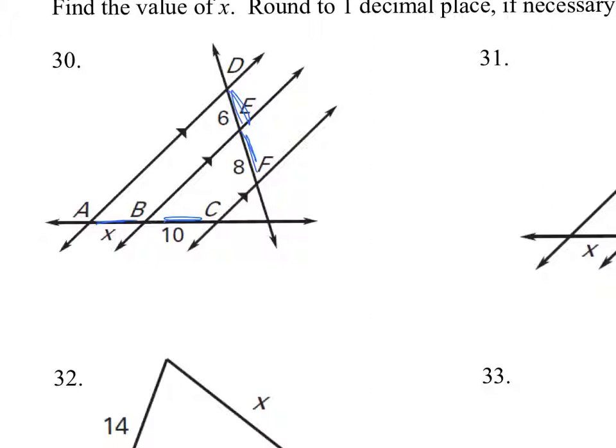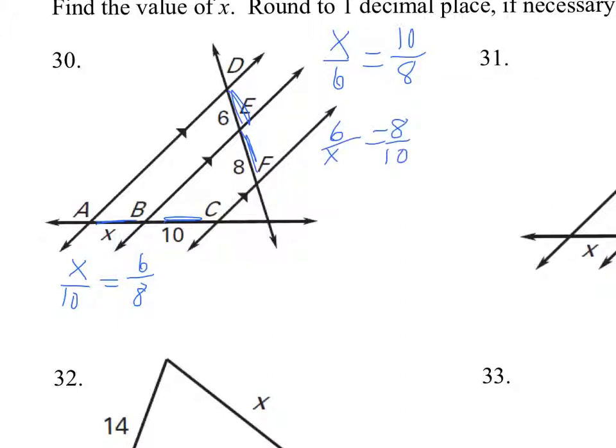There's a couple different ways you could set it up. You could do x over 10 equals 6 over 8. You could do x over 6 equals 10 over 8. You could flip those upside down and do 6 over x equals 8 over 10, or 10 over x equals 8 over 6. You could set it up any one of these 4 ways and get it correct.